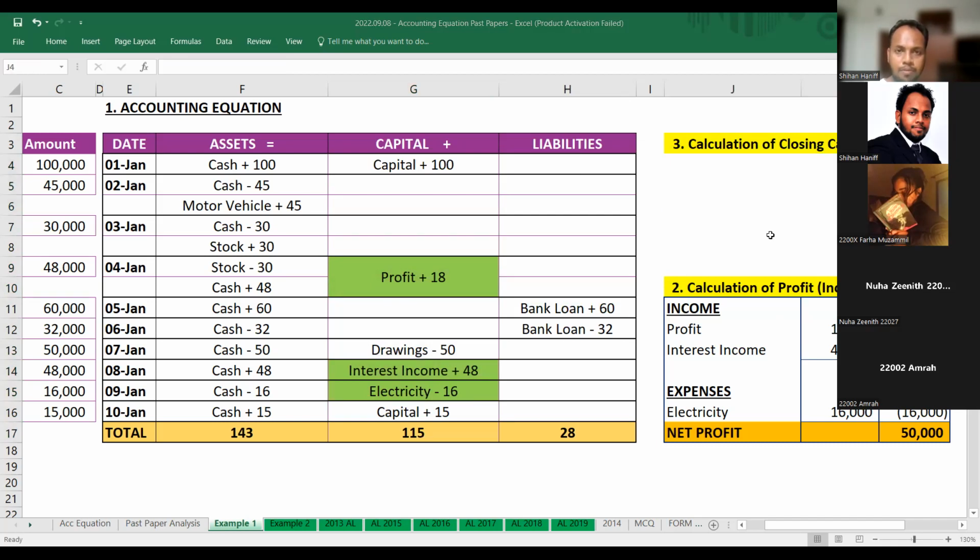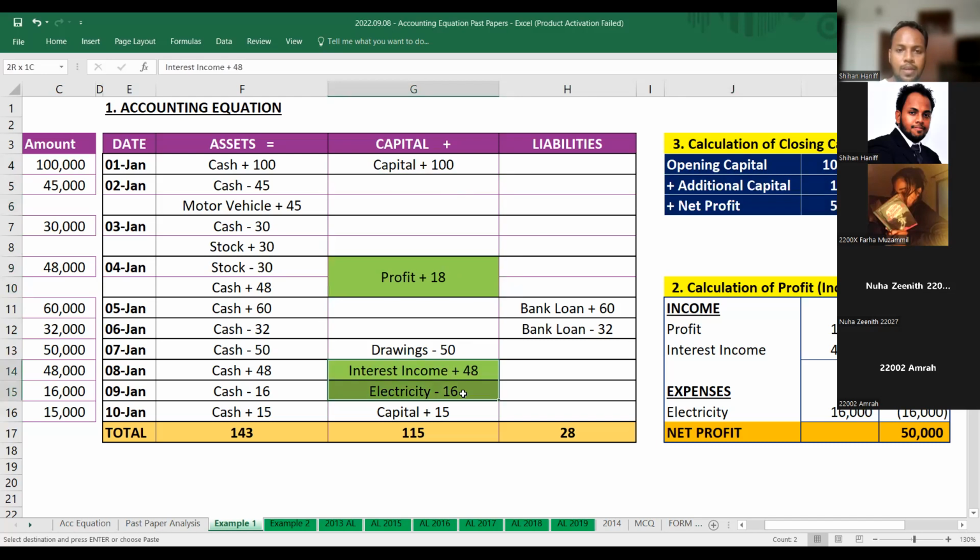How do you calculate the closing capital? Opening capital is 100,000. Then there is an additional capital of 15,000. So we add additional capital, this plus this. Then there is a net profit of 50,000.